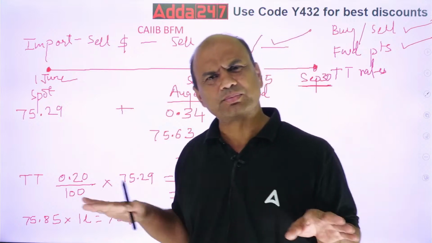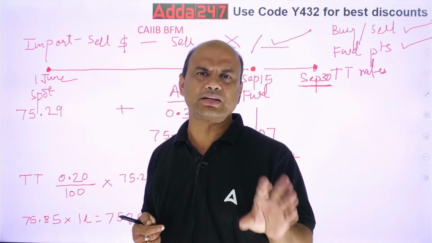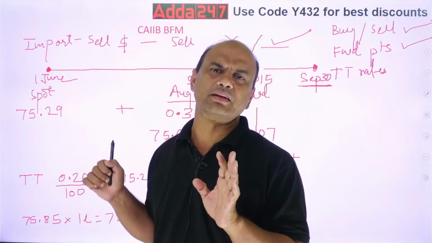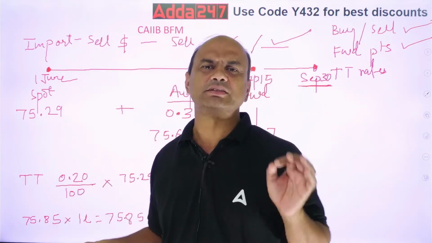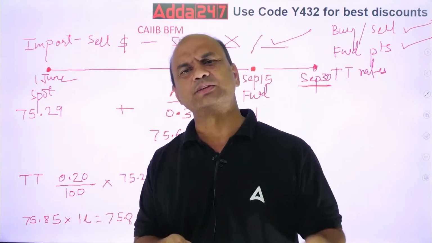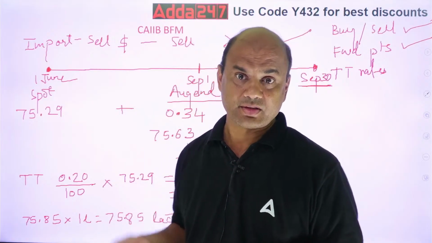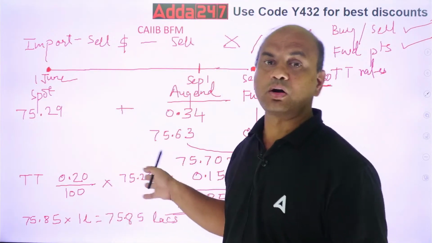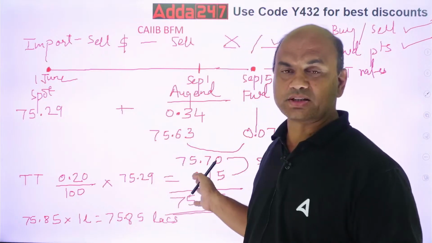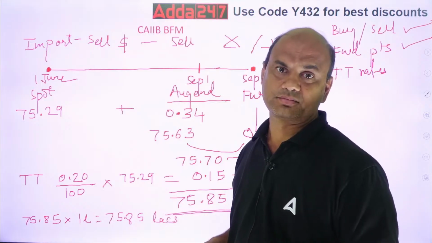The logic is simple in all businesses, whether you are selling a refrigerator or selling dollars. The seller will always try to add the expenses so that he doesn't have to bear them. If this is not added, then the seller or the bank will have to bear the TT expenses.